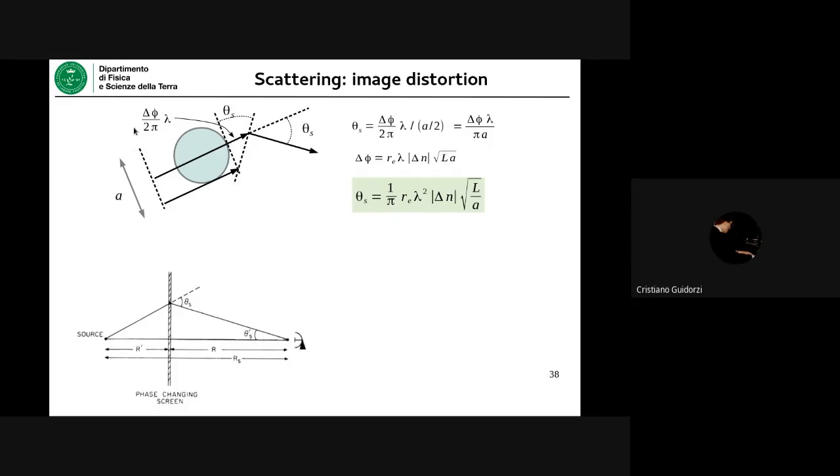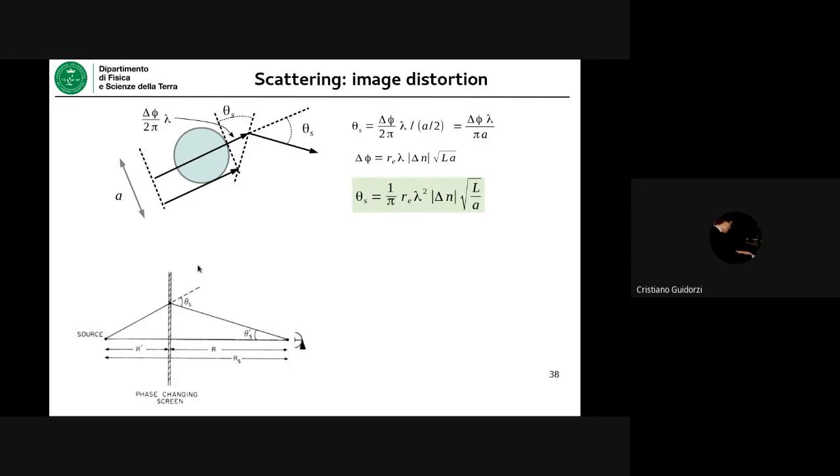This holds as long as you consider a source which lies very far away from the screen. Why? Because in this case you consider the incoming waves as just plane waves. But this holds only if the source of the electromagnetic wave is extremely far away.